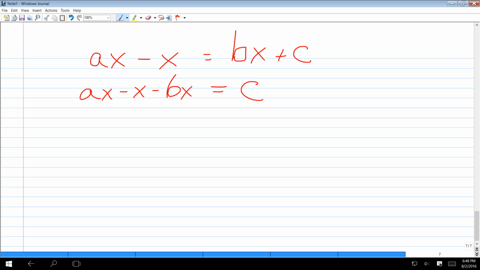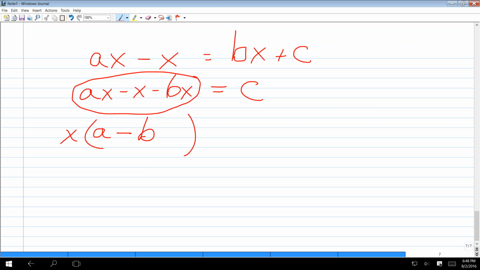Now notice that I'm not doing something to the left side and the right side here. Because all I'm doing is rewriting that. Okay, so I can factor out an x, and what have I got left? A minus b. Not quite. Notice if I wrote a minus b, now check it. Are those two things the same? No.